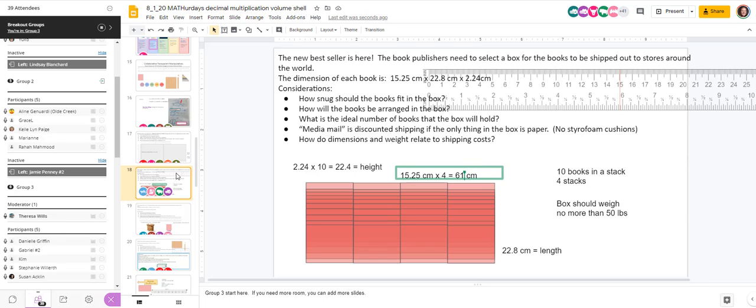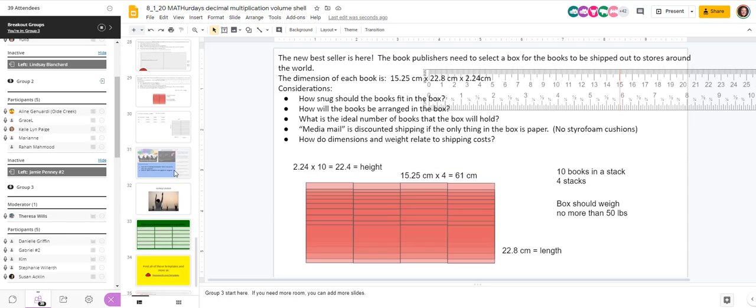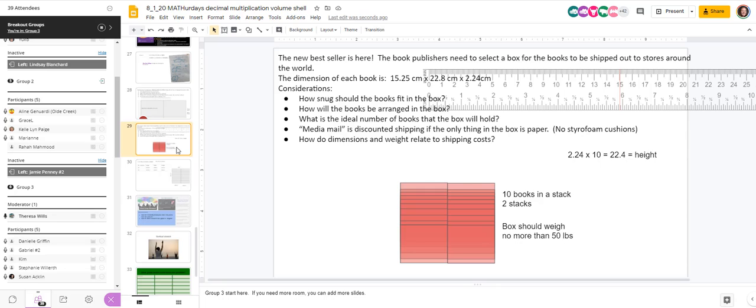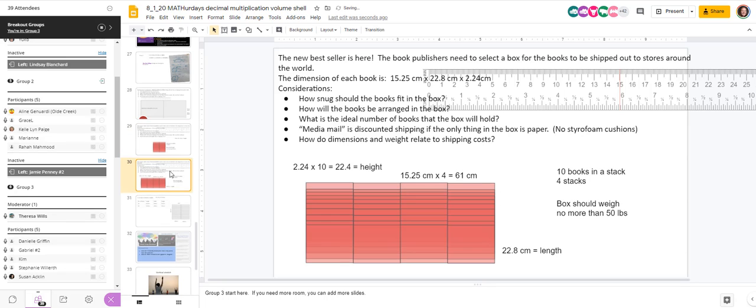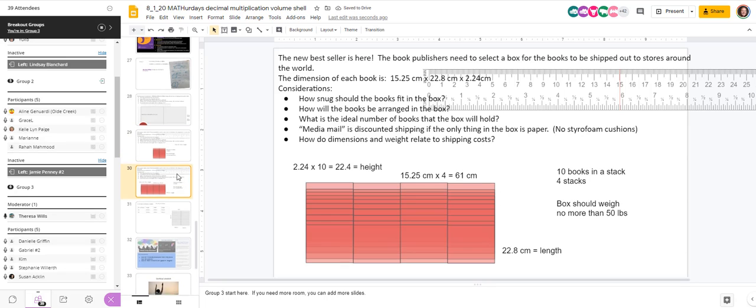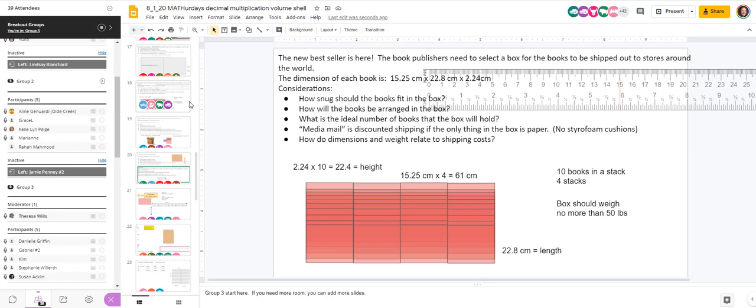Hi there, group. Hello. I noticed you guys recently just changed your model to be 4 stacks. Tell me why you're thinking about that. Because I have a book about the same size as you mentioned, and I put it on the desk. And I can put 4 right on the bottom, and it seems like a very nice, good box to handle.